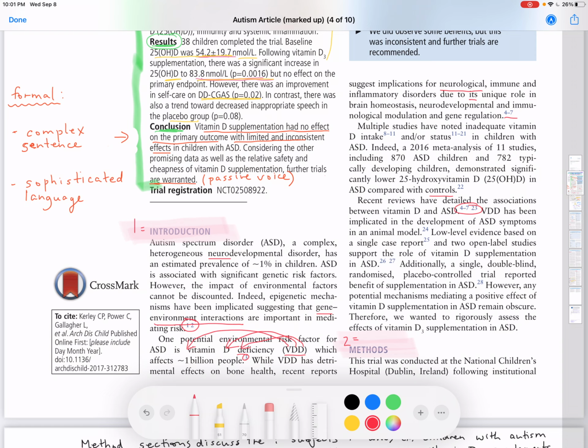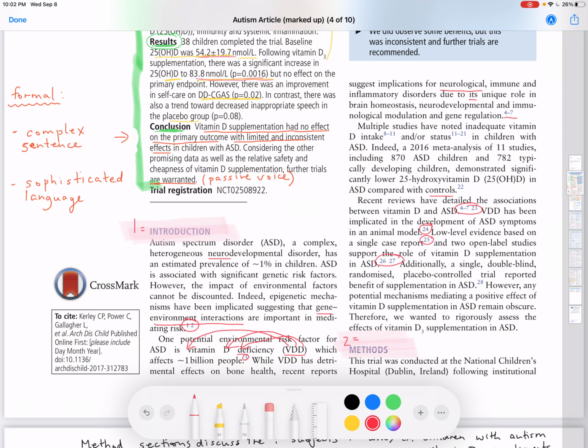Let's continue reading. Vitamin D deficiency has been implicated in the development of ASD symptoms in an animal model. There's another reason, another background knowledge. Low-level evidence based on a single case report, another study. A single case report means where they studied one person deeply. And 2 open-label studies support the role of vitamin D supplementation in autism spectrum disorder.